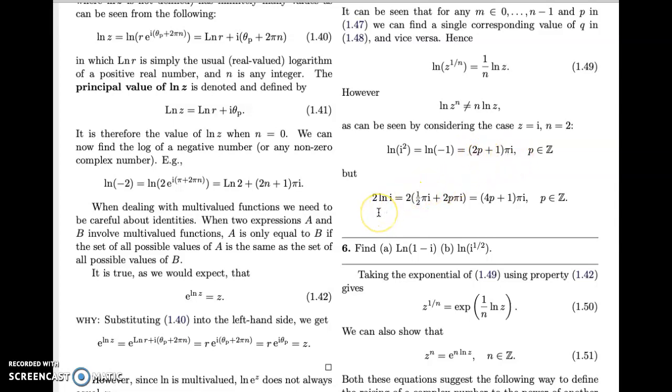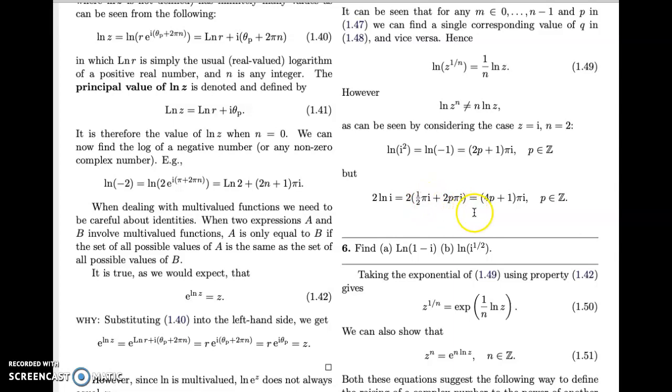But if we've got 2 times log i, then we work out the log i. So this log i, again, is modulus 1. It's pointing in the θ equals π by 2 direction. So that's where this bit comes from. And then we're adding multiples of 2π again.